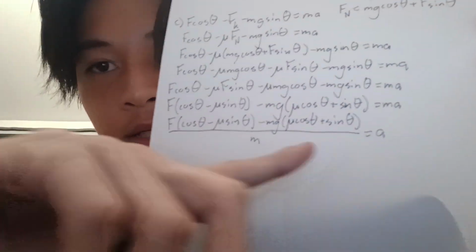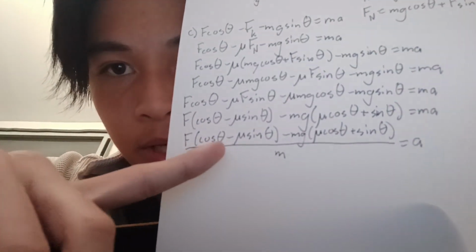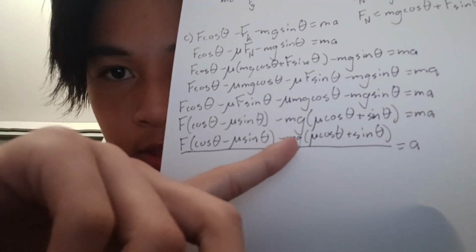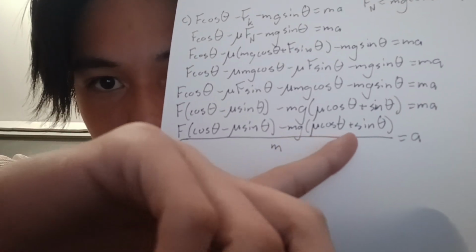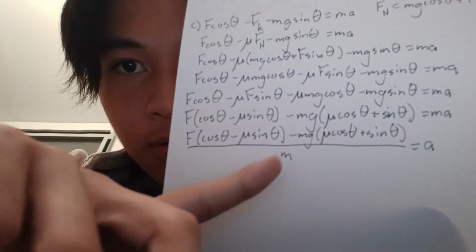And so a equals F times cosine theta minus mu sine theta minus mg times mu cosine theta plus sine theta over m.